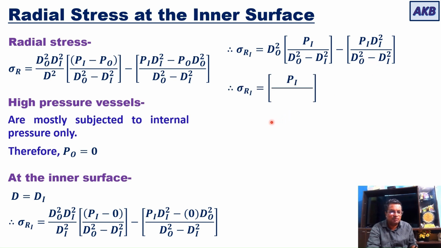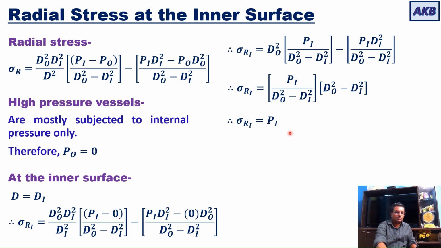So in the next step, what can be done? You can take Pi upon (do square minus di square) as a common term, and in the bracket you are left with do square minus di square. So that is sigma Ri is equal to Pi, because do square minus di square and do square minus di square get cancelled, and you are left with sigma Ri is equal to Pi.